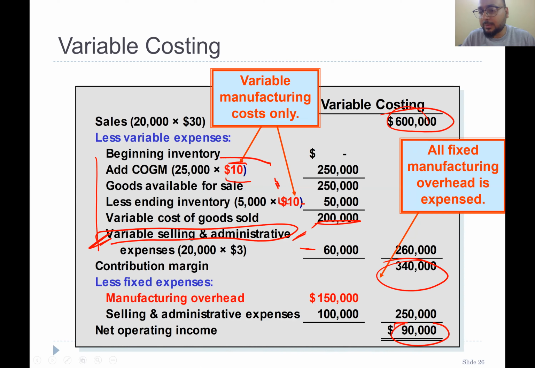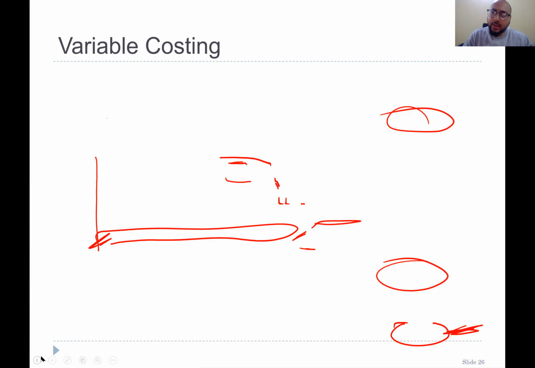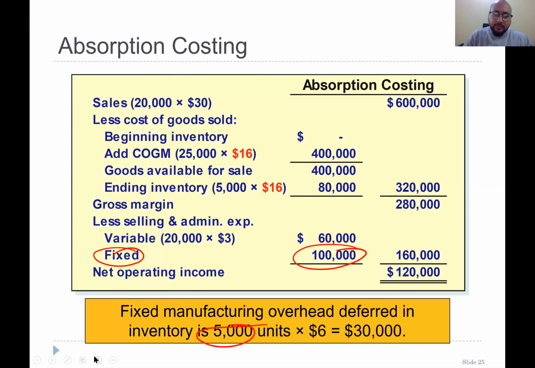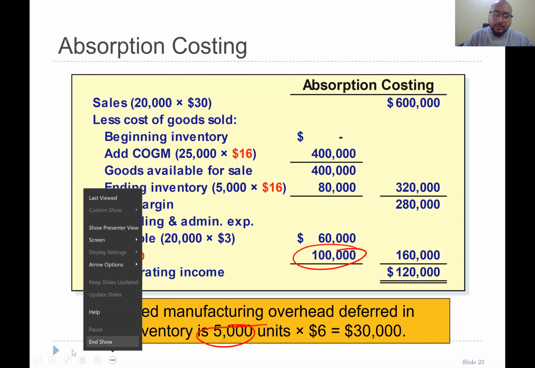So did you see something? We have variable costing profit, which is lower, and we have absorption costing profit, which is higher. What is the reason? Our absorption costing profit is higher than the variable costing profit, right?